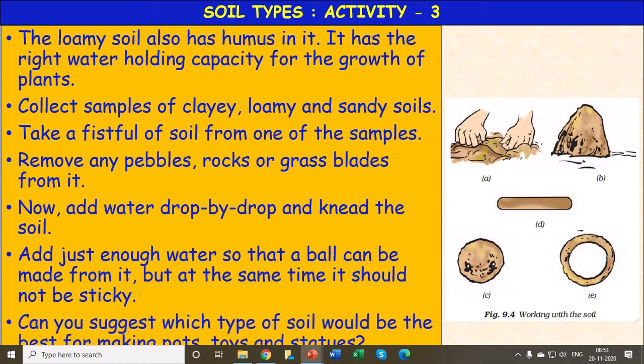Can you suggest which type of soil would be best for making pots, toys, and statues? Obviously clayey soil.